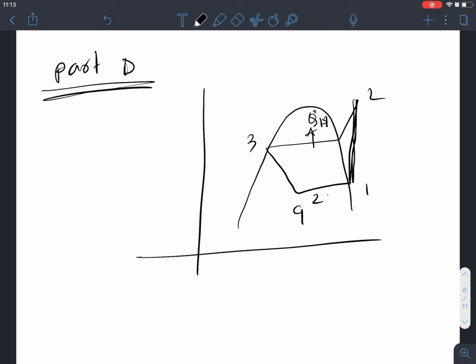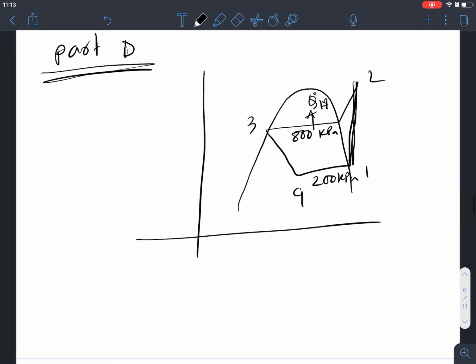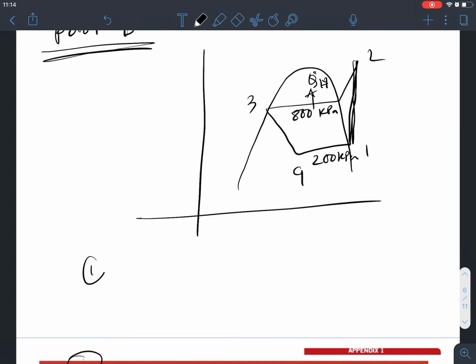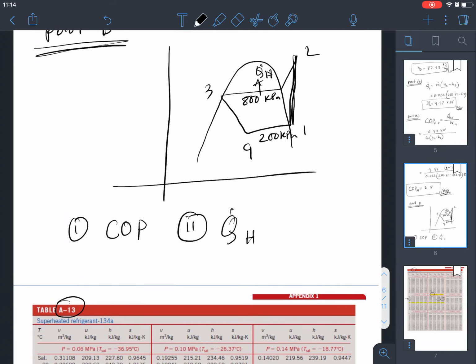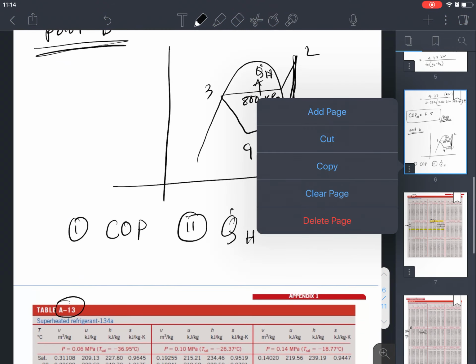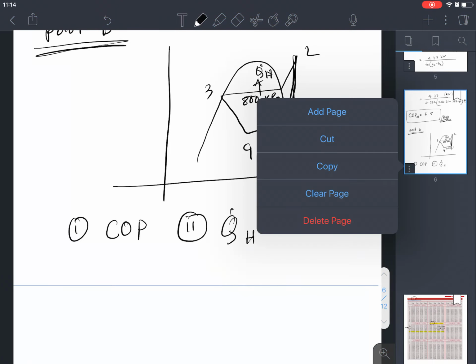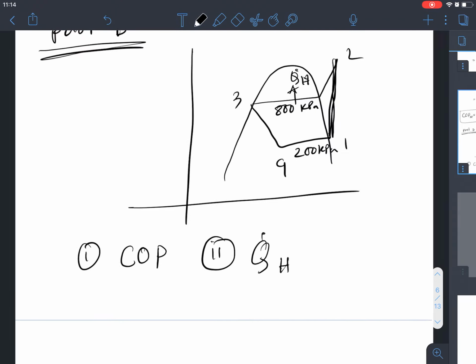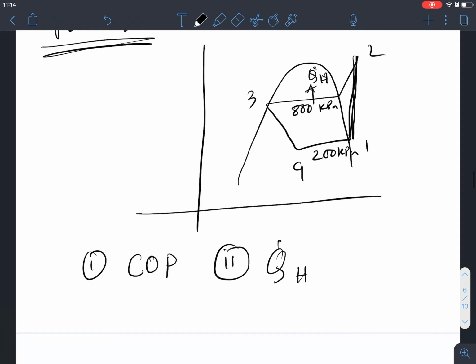This is the 200 kilopascal pressure line, and this is the 800 kilopascal pressure line, okay? With respect to these two, we have to determine the COP and the heating load, right? So it's the same problem, but we have to do it for the ideal cycle.